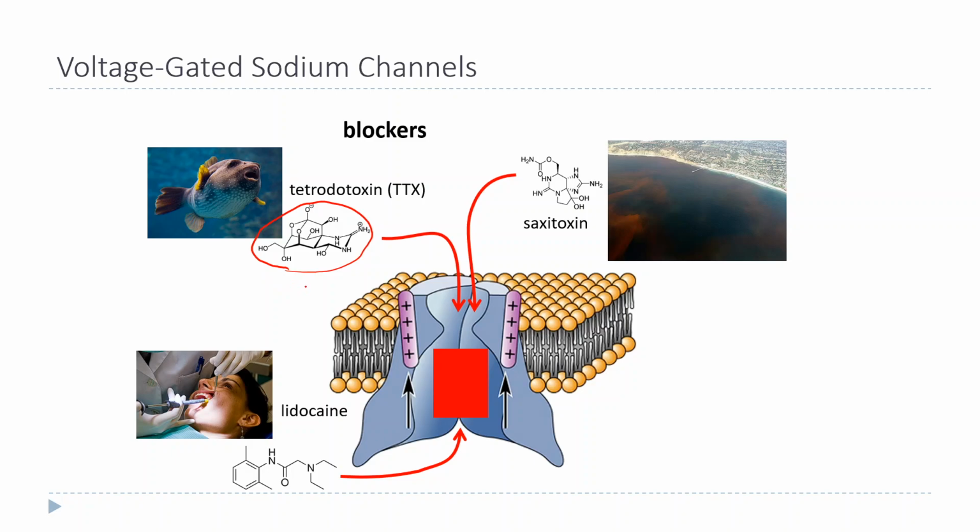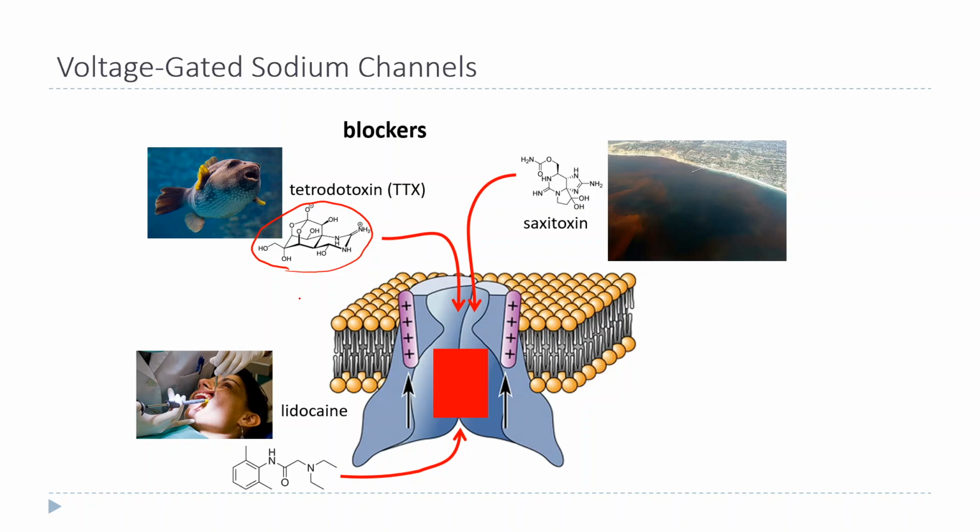TTX is actually found in the poison gland of some fish, especially pufferfish. So this is a self-defense mechanism for the fish, because if an animal eats it, then TTX enters the sodium channels in the nerves, but also in the muscle tissue.